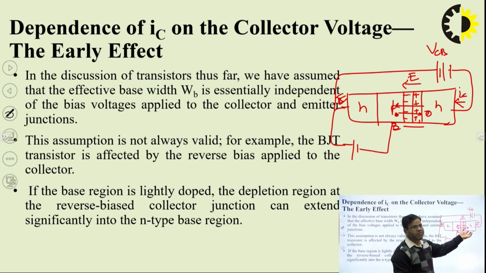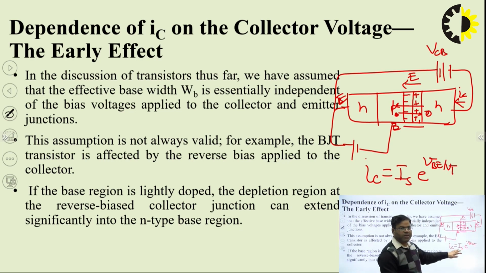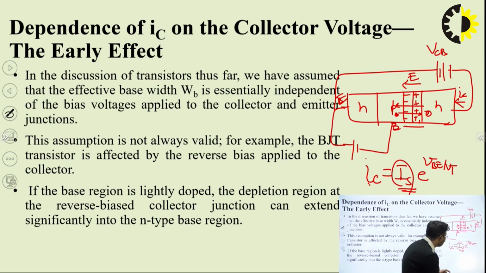Because of this drift phenomenon, we get some saturation current. So the collector current equation is IC equal to IS e to the power VB upon VT. If IS is constant or very small, then IC depends only on VB. But if IS changes, then the value of IC will also be affected.